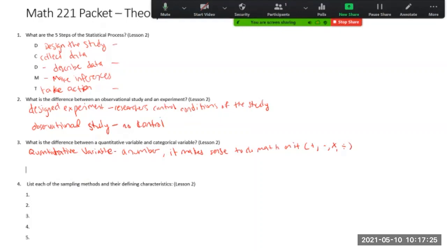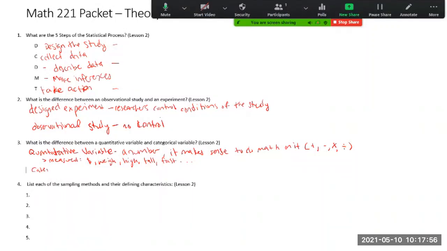A lot of quantitative variables are measured. For example, how much money you have, how much you weigh, how high you can jump, how tall you are, how long it takes you to run a mile, and things like that. And so it would make sense to take my average running speed and your average running speed, add them and divide by 2 to take the average.